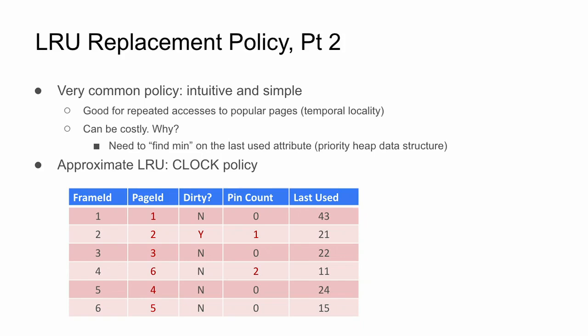We want to get as close to constant time as possible in practice. And so maybe something that we can do is we can try to approximate LRU through an algorithm that will give us constant time access, constant time replacement determination. And so people developed this thing called the clock algorithm.